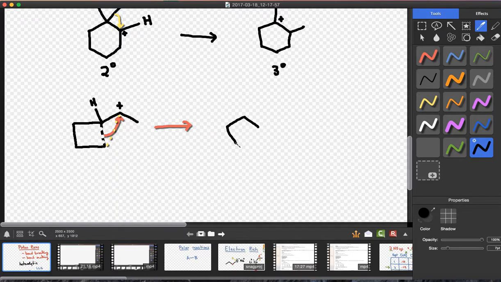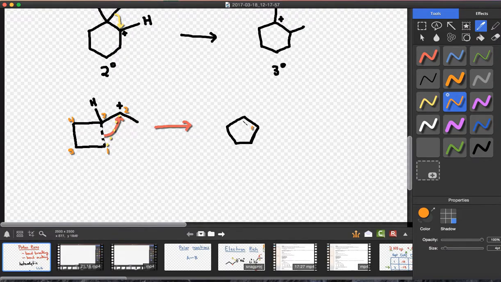5-membered rings have significantly less torsional strain than their 4-membered counterparts. And just so that it's easy to make this ring, I'm going to number the carbons as 1, 2, 3, 4, and 5. Now the carbocation is going to be on carbon 3.